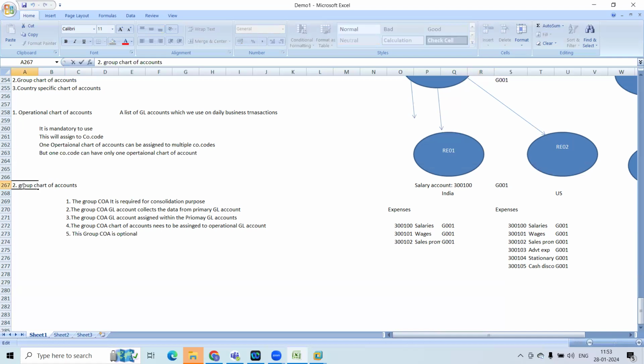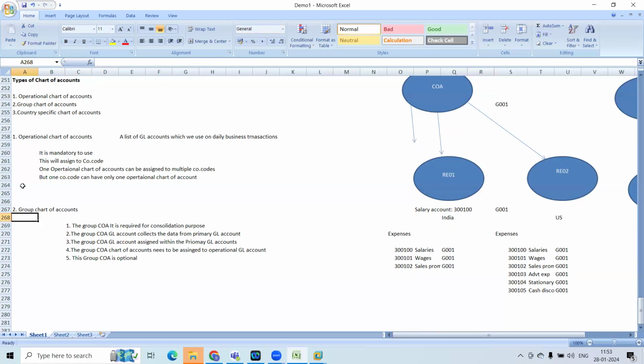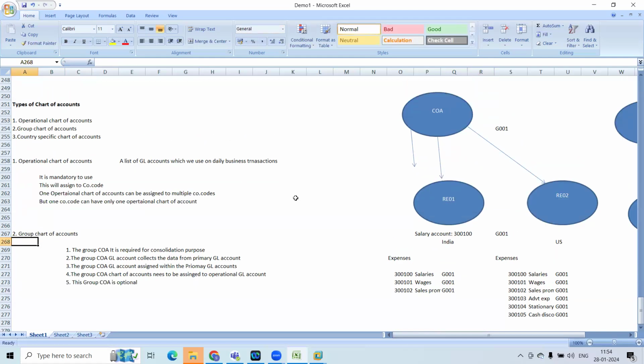First you need to ask them whether they want a group chart of accounts or not. Then they will ask what a group chart of accounts is. Then you need to tell them, if you want consolidation, like consolidating this financial statement with the US statements also, then you need a group chart of accounts. Otherwise it won't be possible.